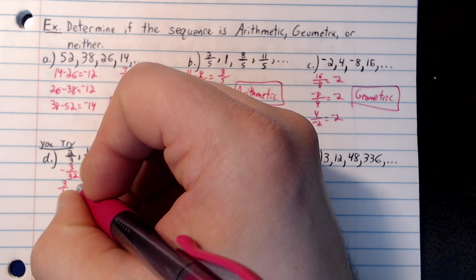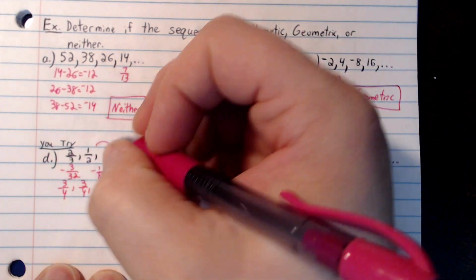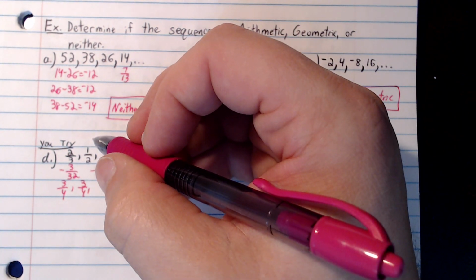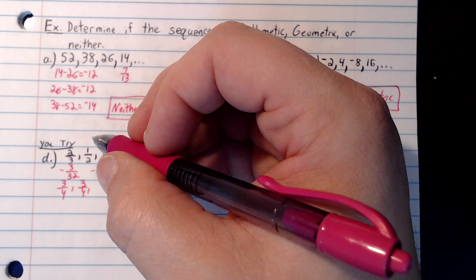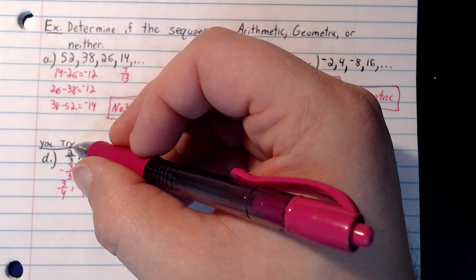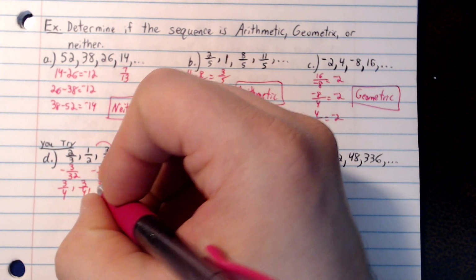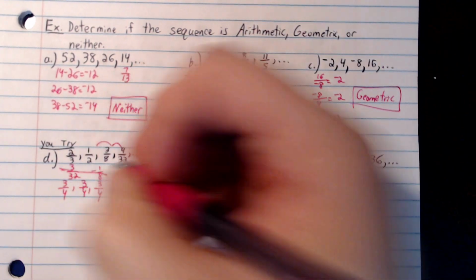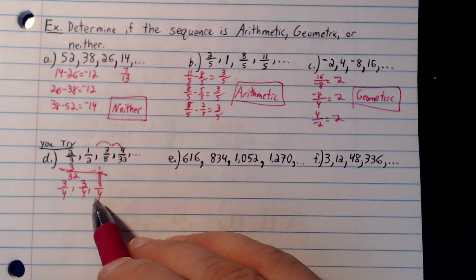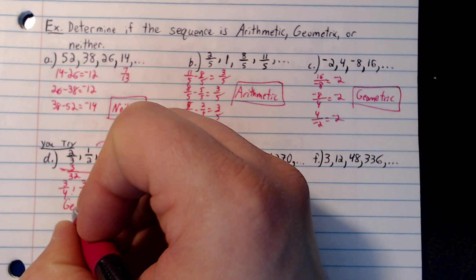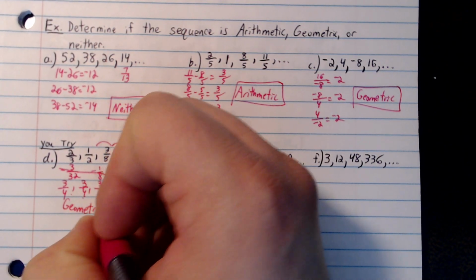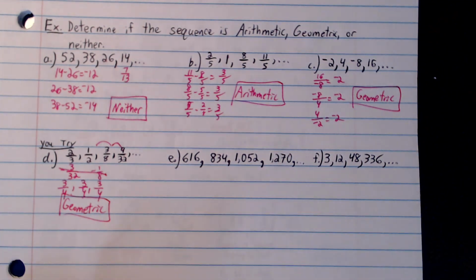Yeah, it looks like that's going to work for us. Let's just make sure it works for the last one. 1/2 divided by 2 over 3. 3/4. So arithmetic didn't work. Geometric, we got 3/4 each time. Hopefully you came up with geometric for that one.